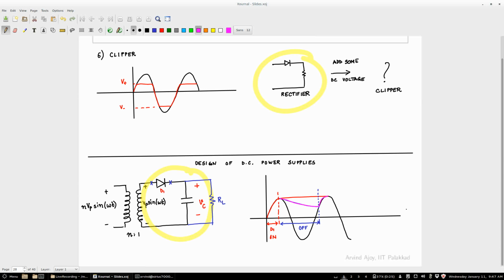Will it follow which one exactly? After you come here, what you're saying is correct.